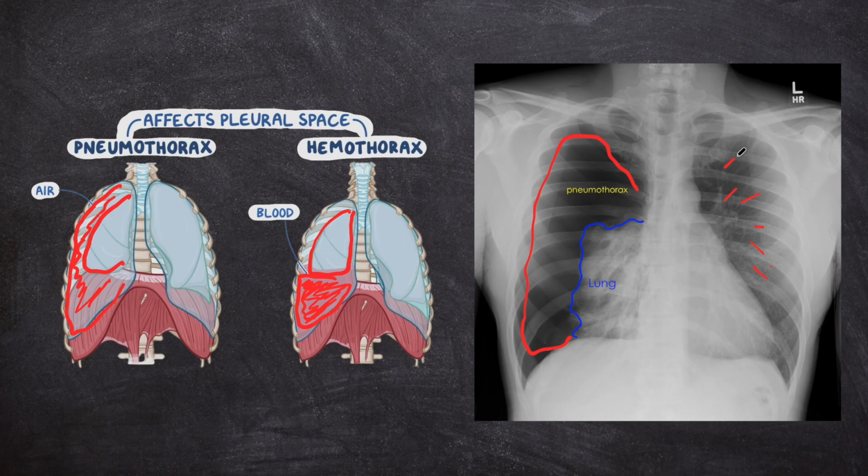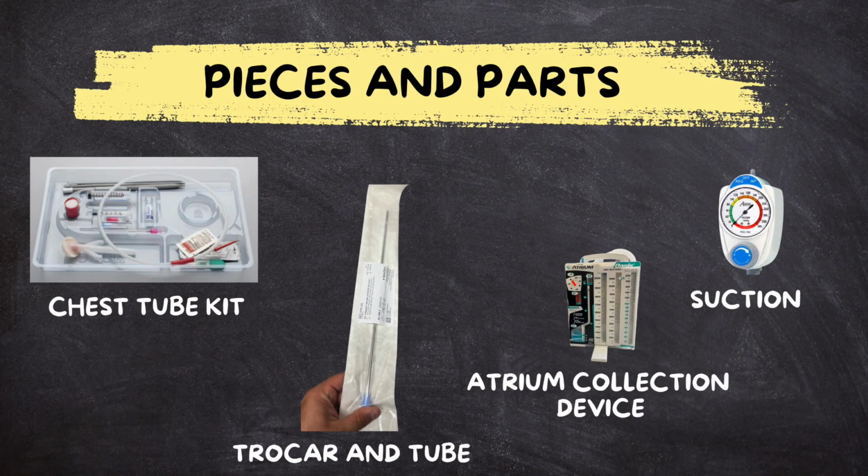So now what are we going to do next? So we need to put in a chest tube, right? So you've got your doctor's orders, let's make sure we get all the setup for a chest tube. So there's a couple ways, and in here I've just thrown a couple pictures in of what you would need, pieces, parts. So this chest tube kit, and this is going to depend on what your provider wants, right?